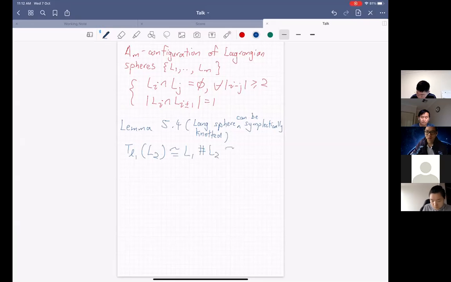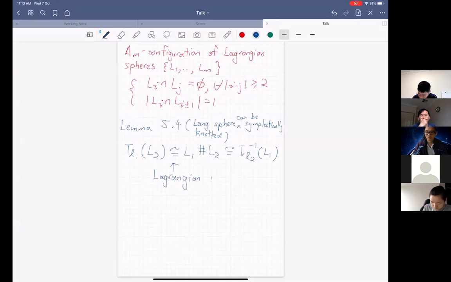It's also Lagrangian isotopic to the inverse of the Dehn twist on L2 then the Dehn twist on L1. This was briefly taught by Brian last time, and the proof is analytic and topological.